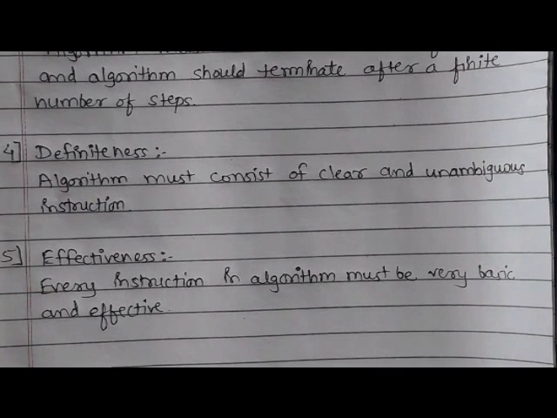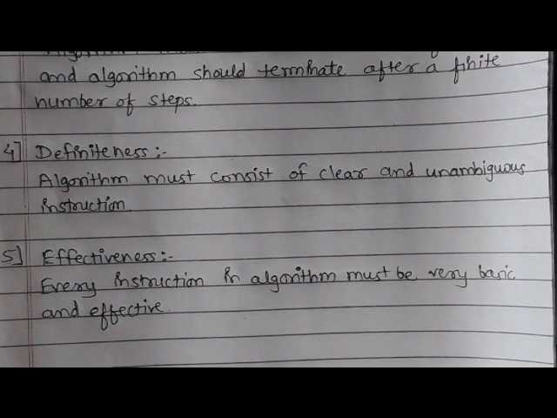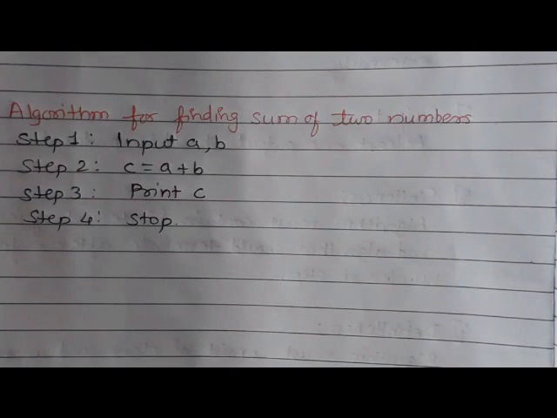Now we will see an example that satisfies all the criteria of an algorithm: finding the sum of two numbers. When we write this algorithm, there are certain steps.